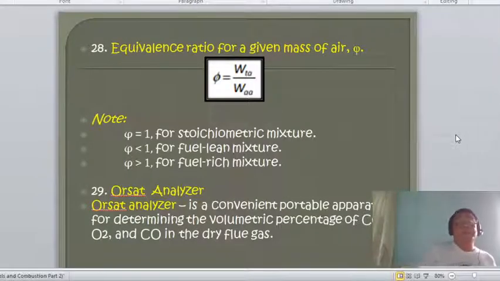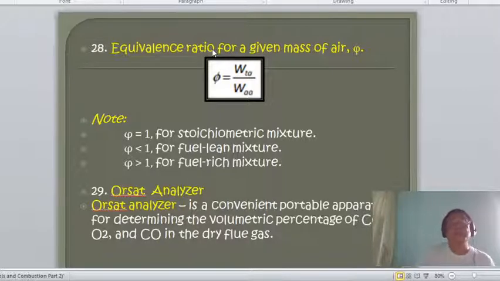Another is the equivalence ratio for a given mass of air. We have here the weight of the theoretical air and the weight of the actual air. If you get the ratio of the theoretical air and the actual air, that is called the equivalence ratio.